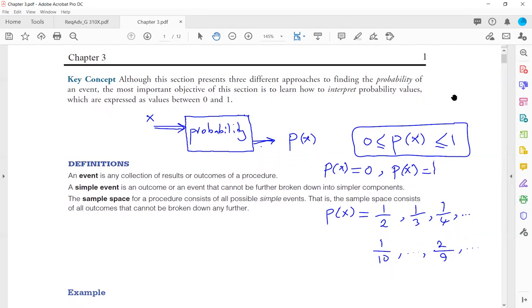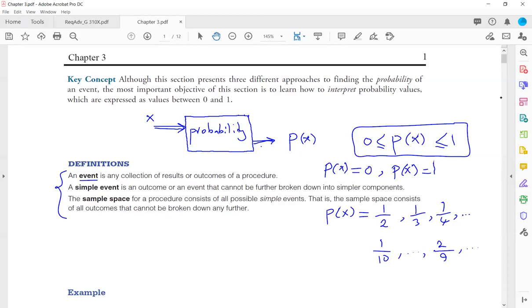Very well, when it comes to probability, we need some basic definitions. The first definition is the definition of an event. An event is any collection of results or outcomes of a procedure.